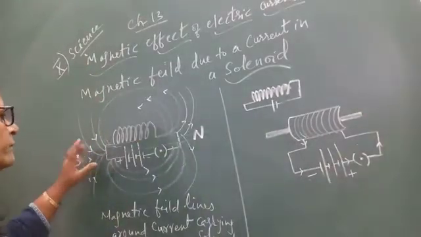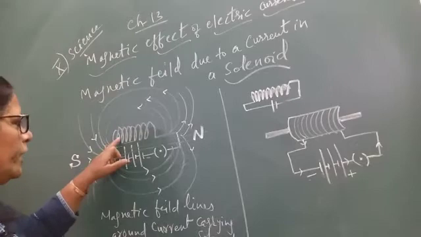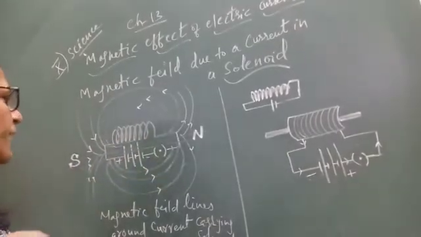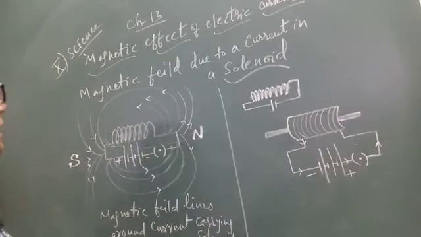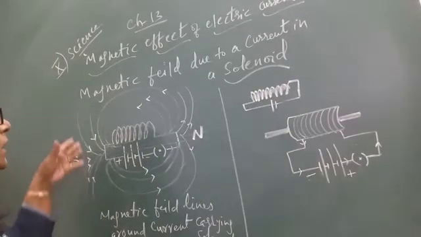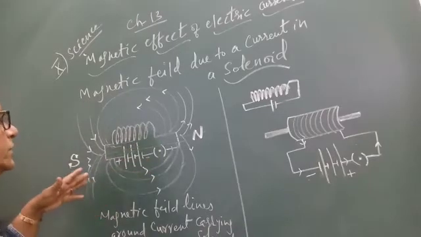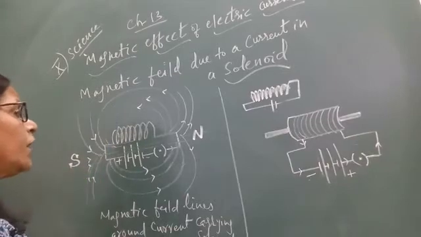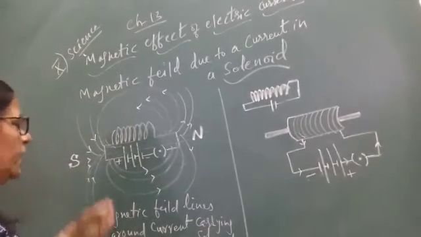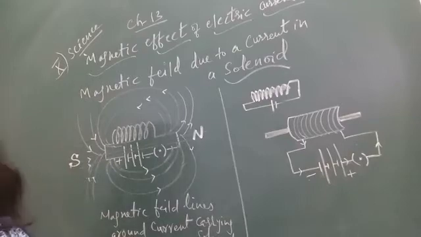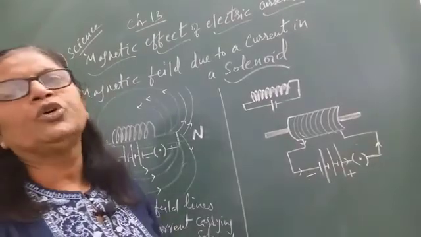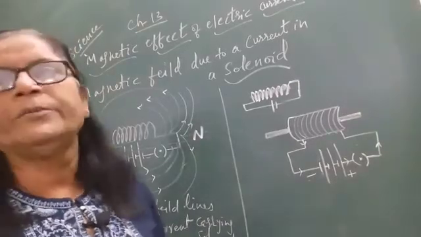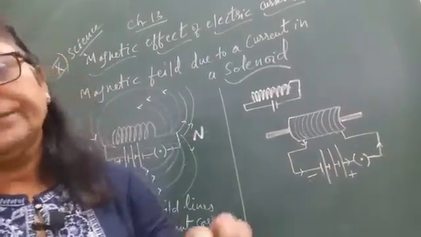Now see here, when this coil is connected to a battery and key, and the current is on, what happens? Around this solenoid the magnetic field is produced, and these magnetic field lines around the current carrying solenoid are shown in the figure in your textbook, figure number 13.10 on page number 229, right?